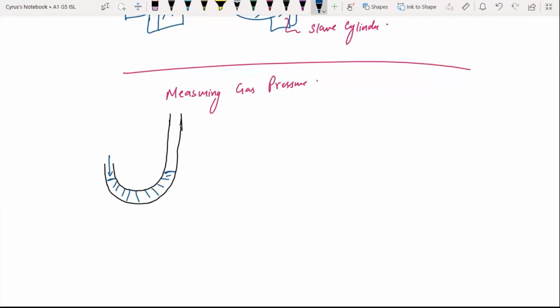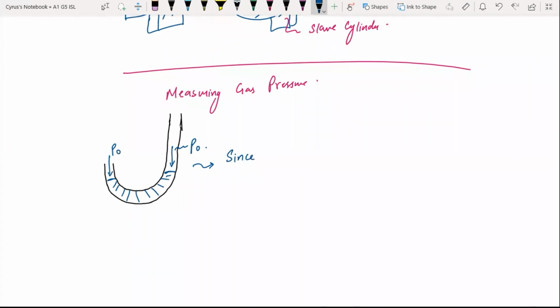Whatever pressure you have here, the same pressure should be here. You should know that there is the same atmospheric pressure, because both sides are exposed to air. Are you getting what I'm saying?